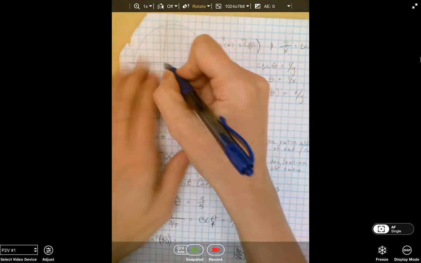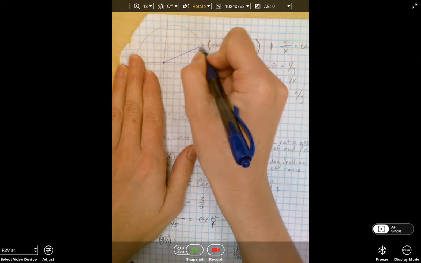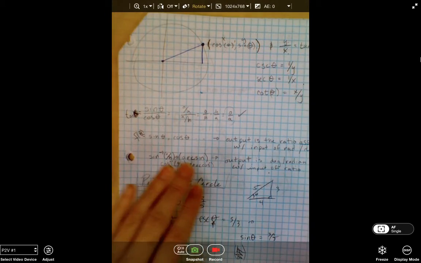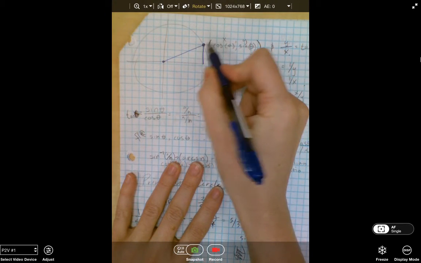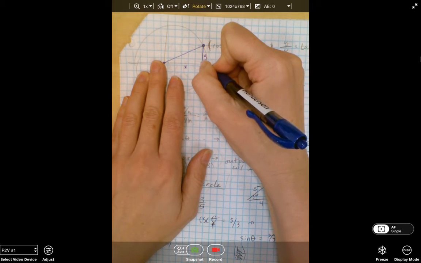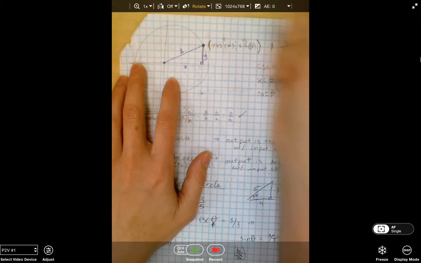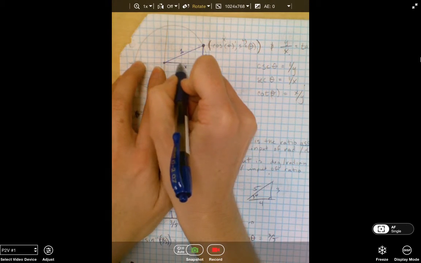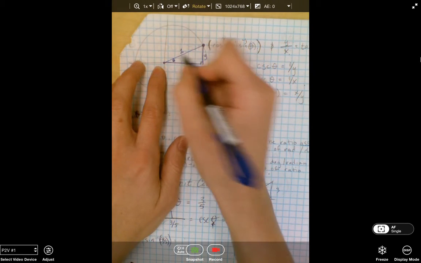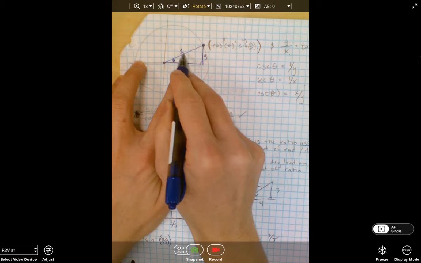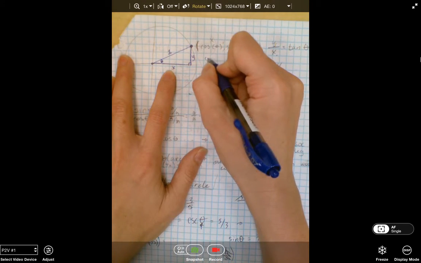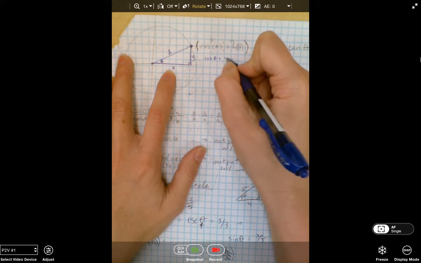Reviewing what the unit circle looks like, I have a value on the unit circle, and that point can be represented by the length of x and the length of y. Given that this radius is 1 and that this angle here is theta, then the adjacent over the hypotenuse of 1 will be, the cosine of theta will be x over 1.